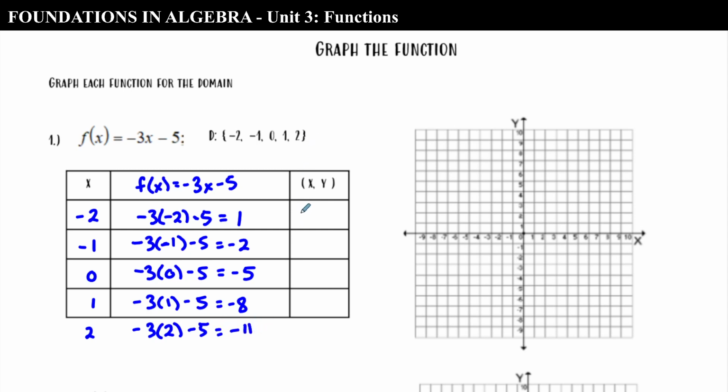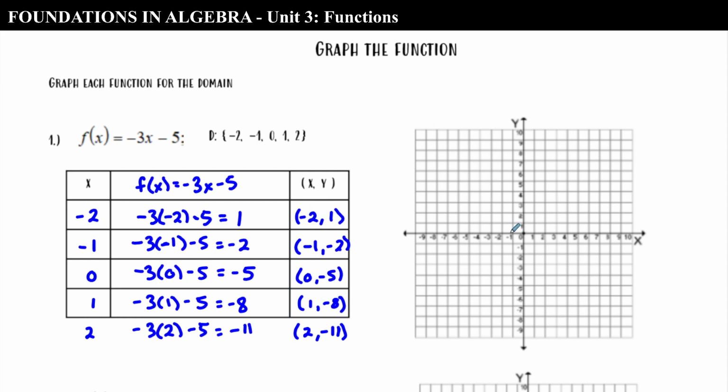So we're going to write down our sets of ordered pairs. We've got (-2, 1), (-1, -2), (0, -5), (1, -8), and (2, -11). And then we can just plot these.